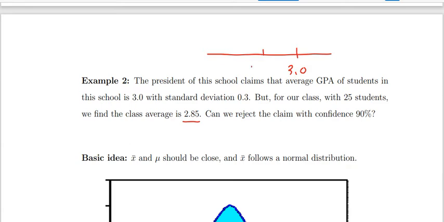If our class is 2.95, we can say, oh, this difference is not so big. How about 2.85? Then we can say, oh, maybe this difference is huge. So here, the question is just to check whether these two numbers are close or not so close, right?